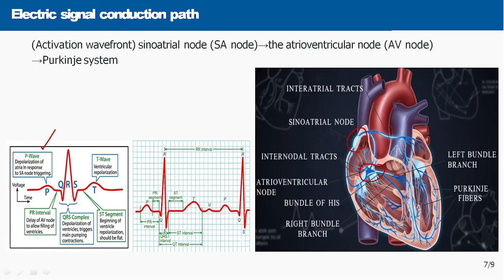Then we have the ST segment, which begins the ventricular repolarization, and the T wave represents the ventricular repolarization, and again this process starts. Within that we get some time for the repolarization of the atrium, and it repeats and repeats like that.